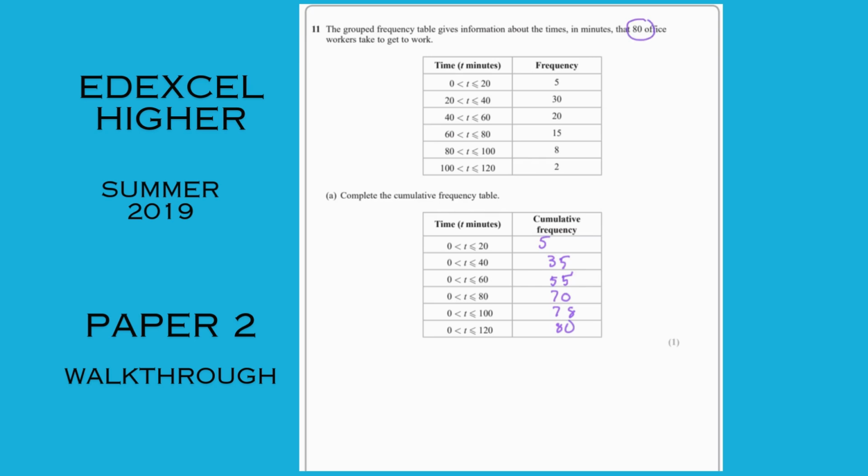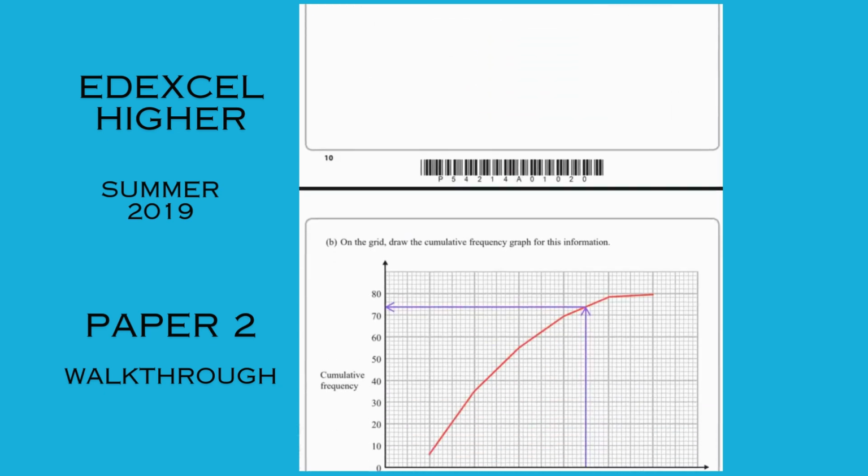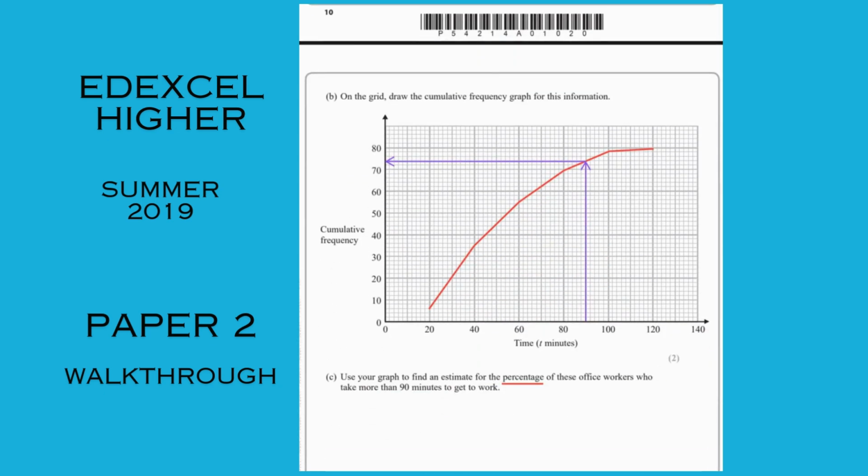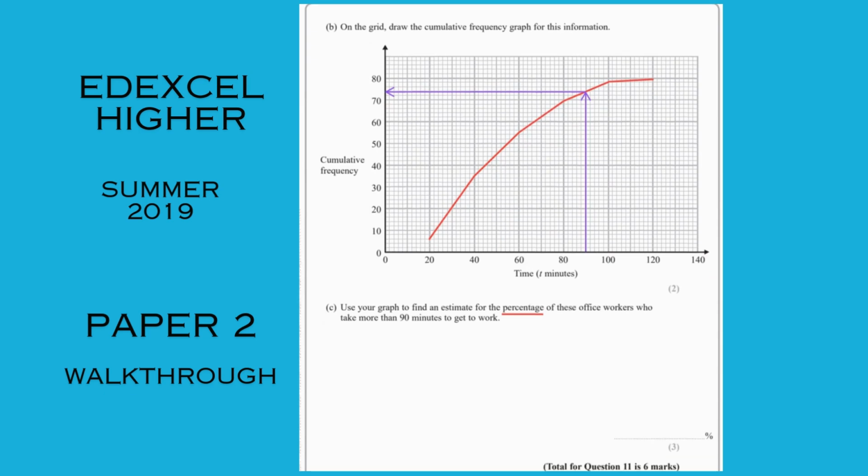And when you go on to the next page to plot cumulative frequencies, please don't forget, for cumulative frequencies, you plot using upper class boundaries. Okay, so make sure you use those, as I have done. So plotting the upper class boundaries, join them up with a straight line, and there you go for part B.